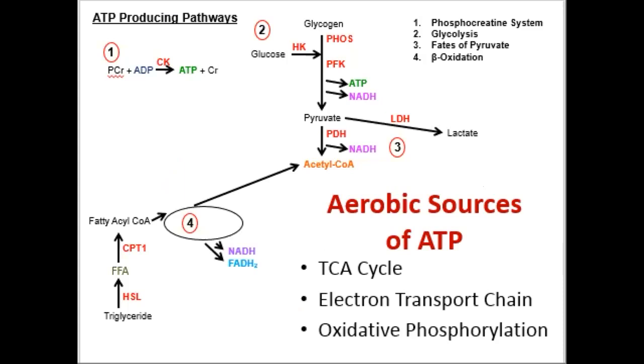Basically, we're going to look at how the acetyl-CoA molecules, as well as the NADH and FADH2 molecules that we've produced, are going to be further broken down at various steps of these metabolic pathways in order for us to produce lots of ATP.